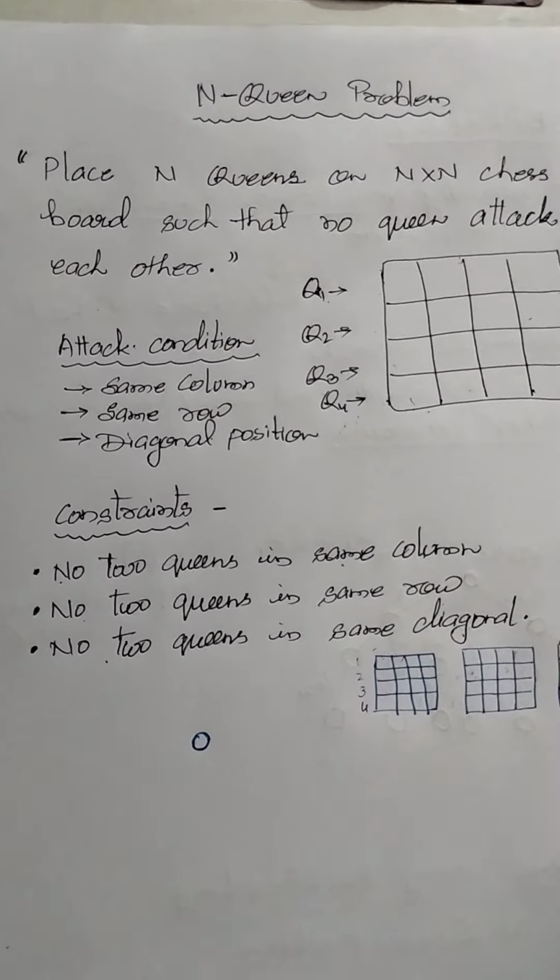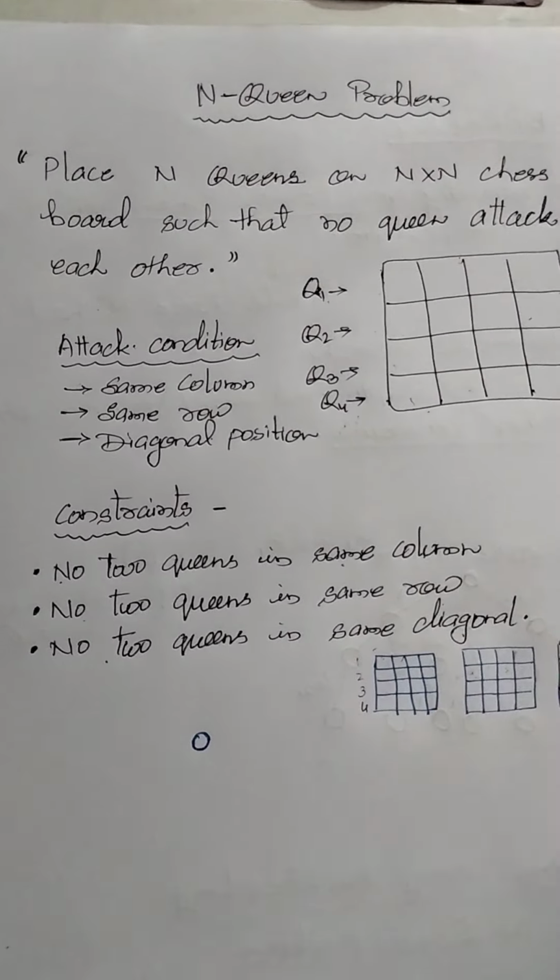Suppose this is our chessboard and we start by placing queen 1 in row 1, in column 1. So q1 is placed in the first column.